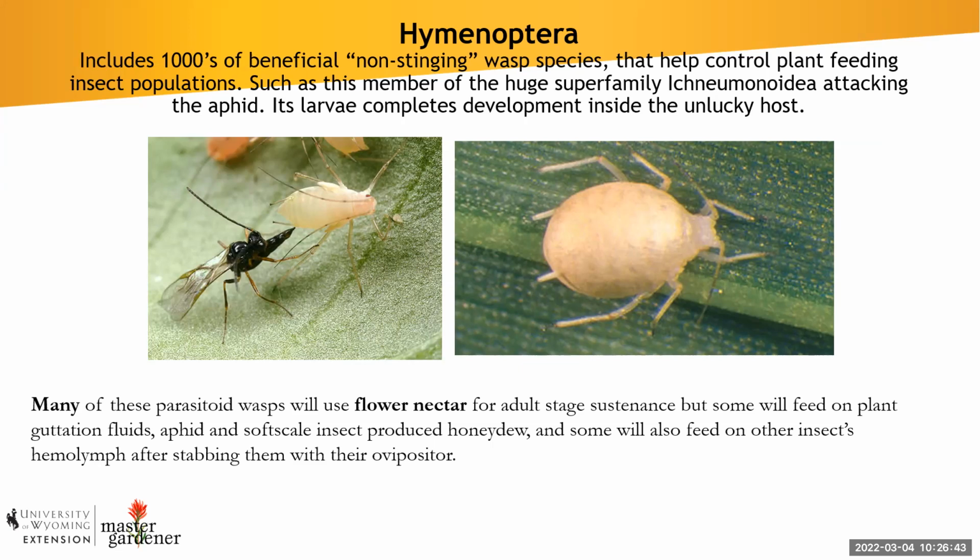It's where a plant will essentially, to maintain its tonic balance, start oozing out some fluid that has carbohydrates in it. Aphids and soft scale insects also feed on the phloem of plants and they produce honeydew, that sticky sweet stuff.